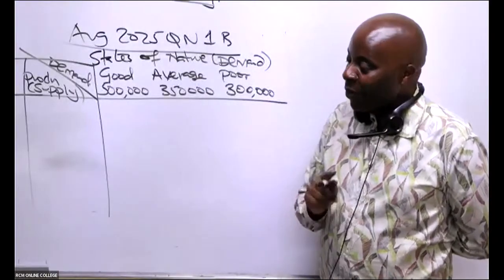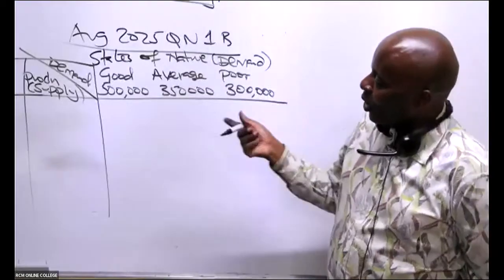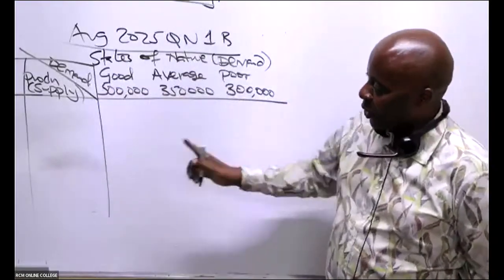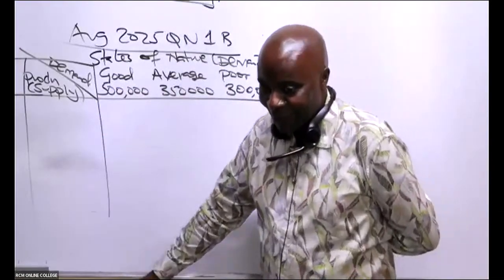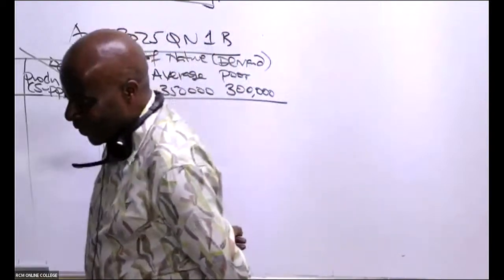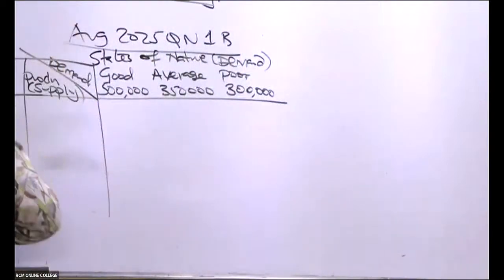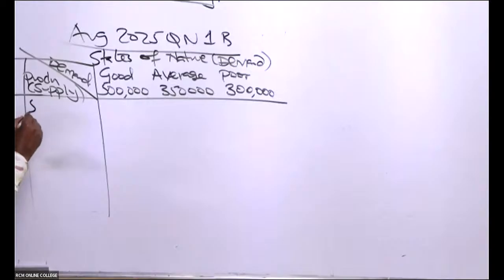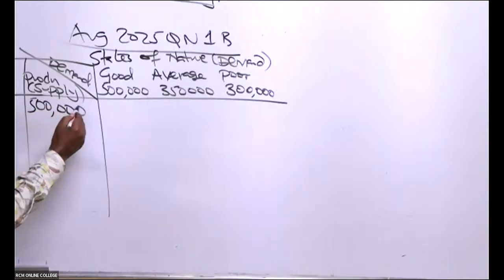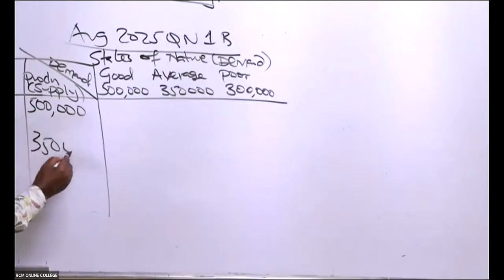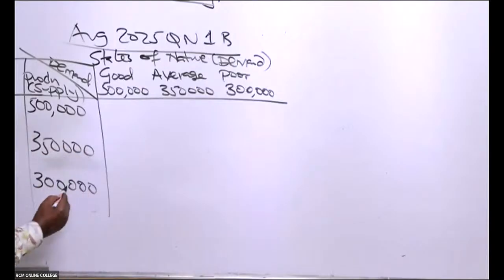Many people will not tell you, but you are supposed to know: it is the same demand figures you have that you shall have down here. Same. You thought you were going to have the same figures here: 500,000, 350,000, 300,000.